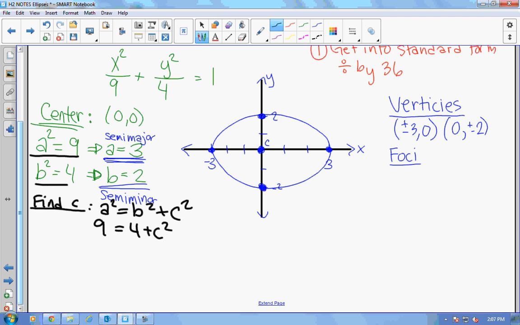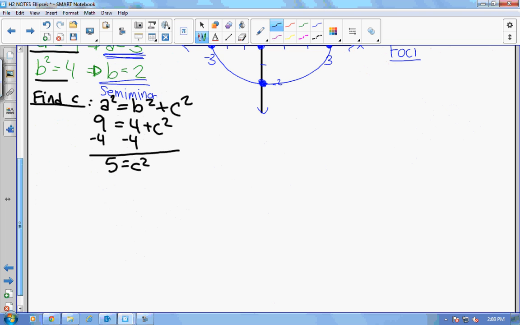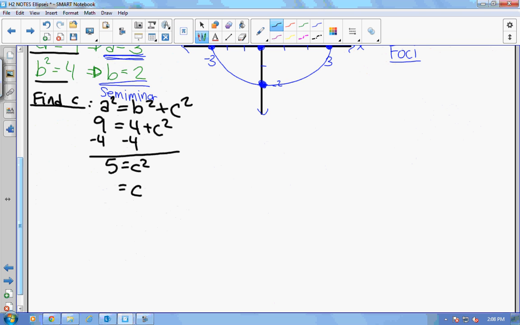So we do a little inverse operations, subtract the 4 over. Get 5 equals C squared. Square root. So C is plus and minus root 5, which means we're going to add root 5 to and subtract root 5 from the center of the ellipse, which happens to be the origin.